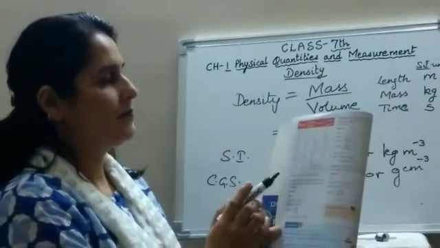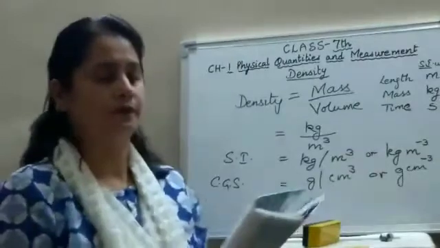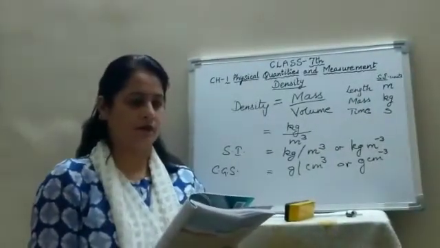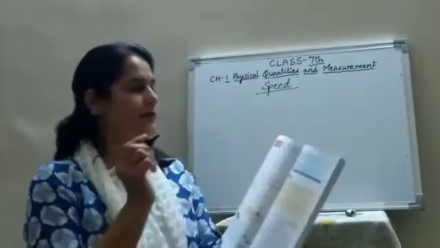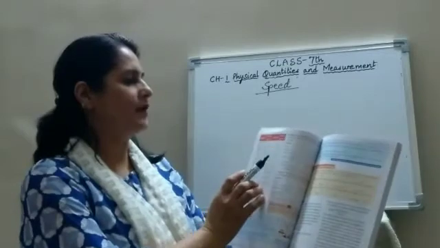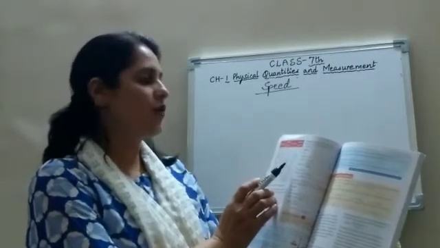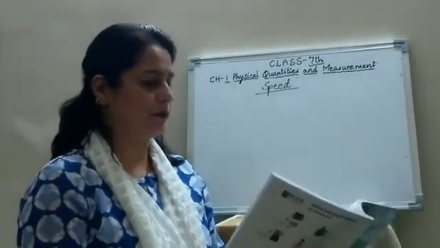And the minimum is of air. Even this platinum has in fact more density than gold. The density of platinum is 21,400 kilogram per cubic meter.